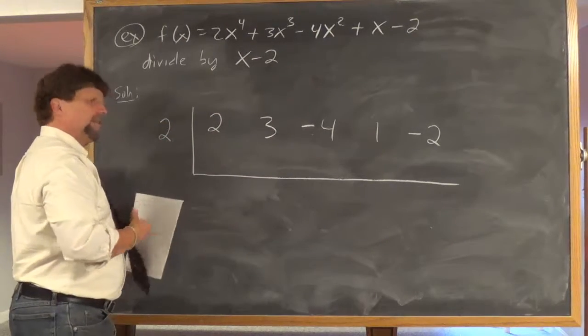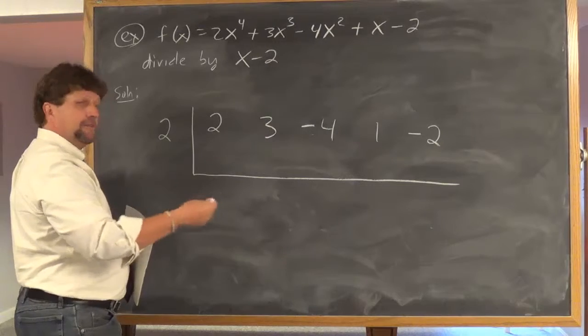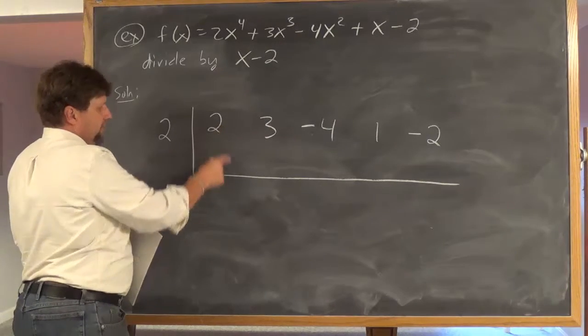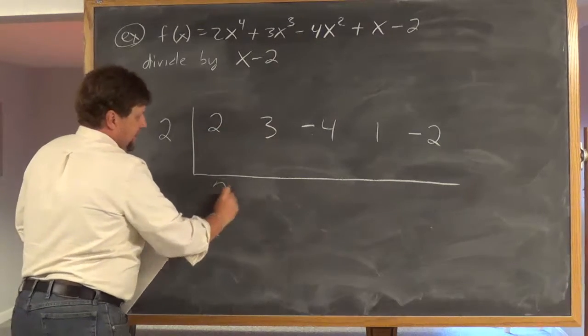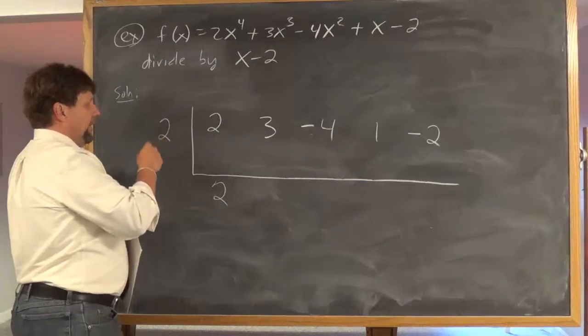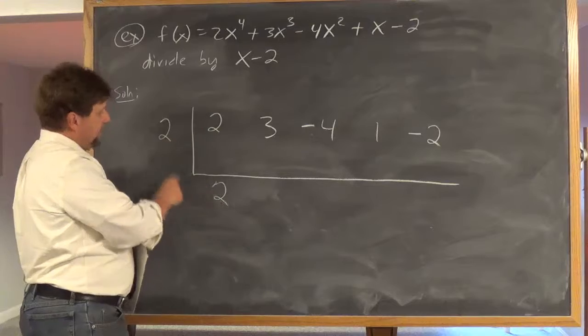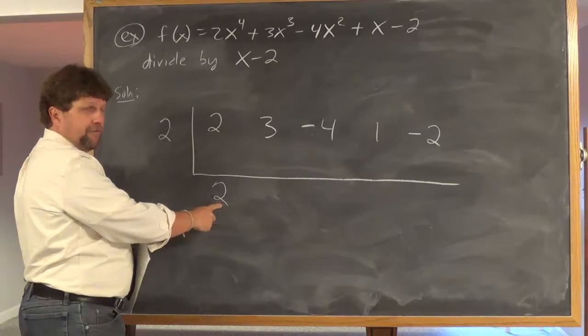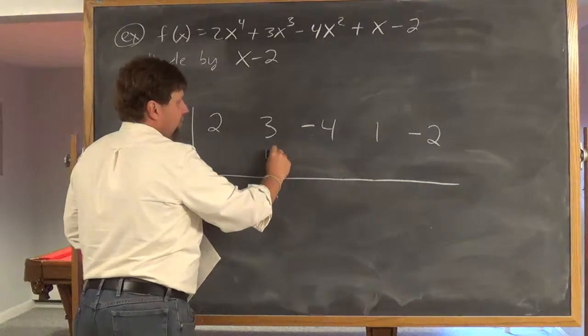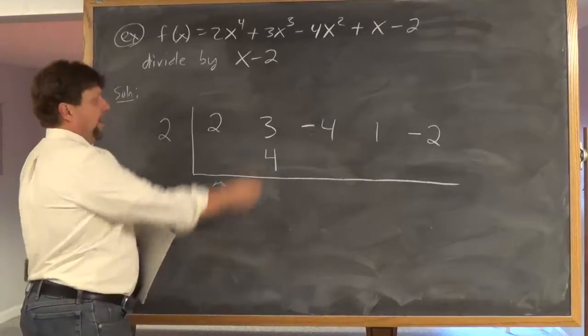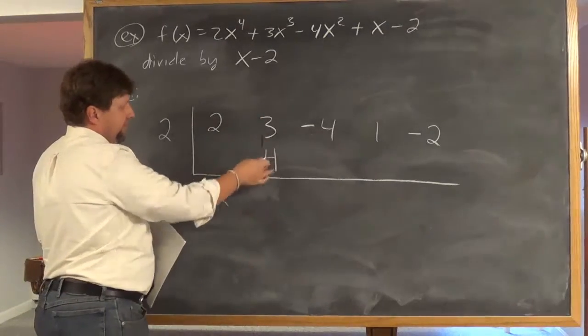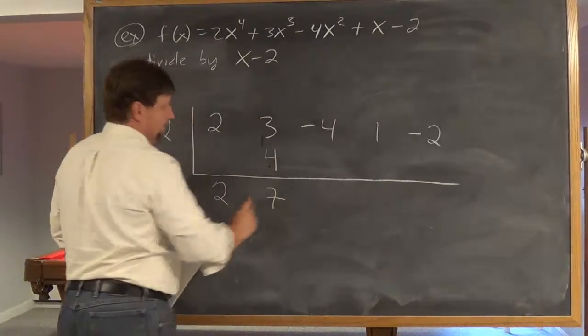And now here's the process of synthetic division. It's pretty straightforward. This 2, you just bring it on down here and write the 2. Now you take this number times this number, so 2 times 2 is 4, and you put the 4 right there. Add 3 and 4, that's 7.